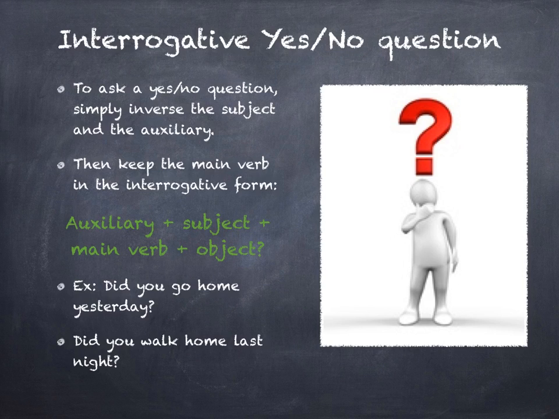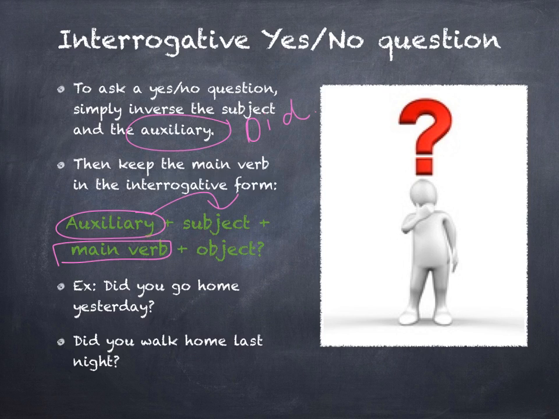Now to ask a yes-no question, you still need your auxiliary, did, but this time it has to be placed first, and then the subject comes after. And then the main verb, remember, has to be in the infinitive form, and if necessary, the object. As in the example, did you go home yesterday?